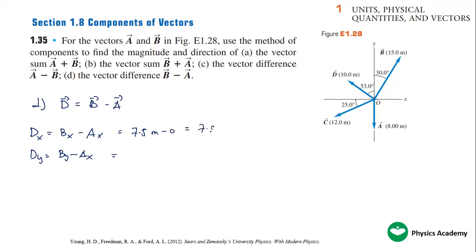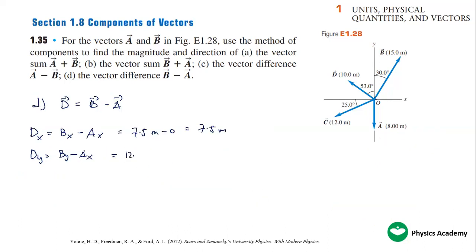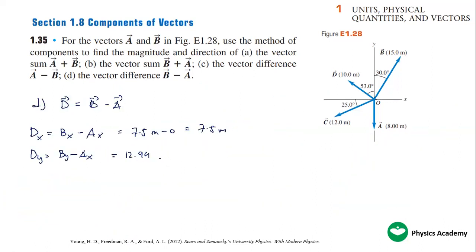So we have 7.5 meters minus 0, which is 7.5 meters, and then 12.99 minus negative 8.0 meters.